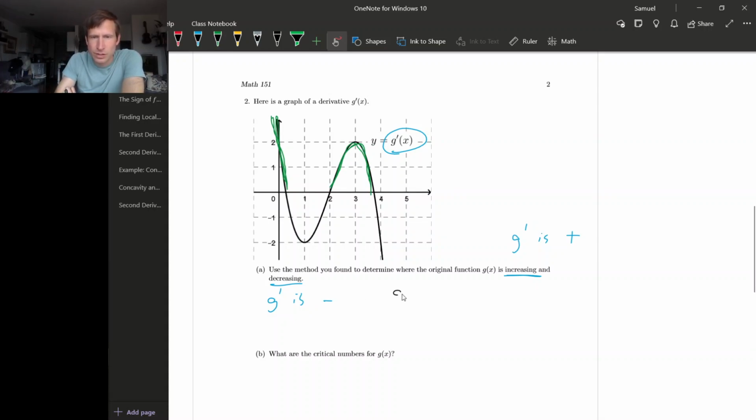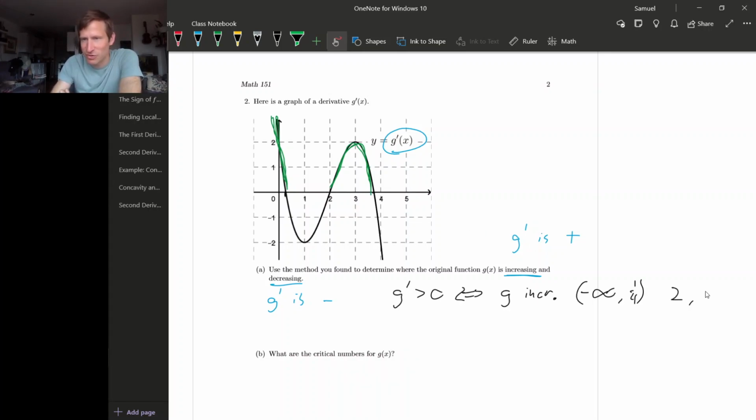So g prime greater than 0, g prime positive, that's the same thing as g increasing, and that's from minus infinity up to, it's hard to say exactly where this is, but let's guess about a quarter. And then starting at 2 and up to maybe 3 3/4. So from 2 to 3 3/4, that's where it's increasing.